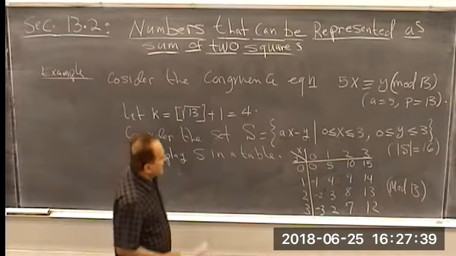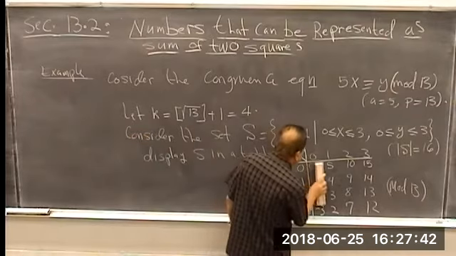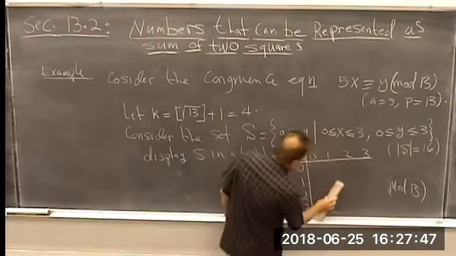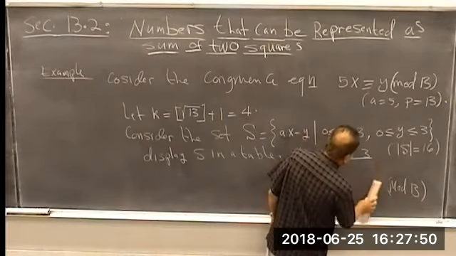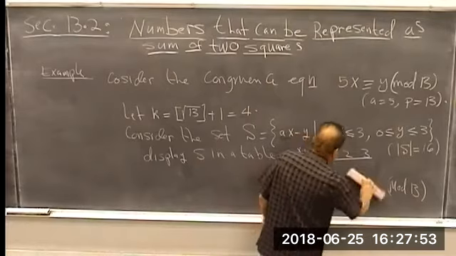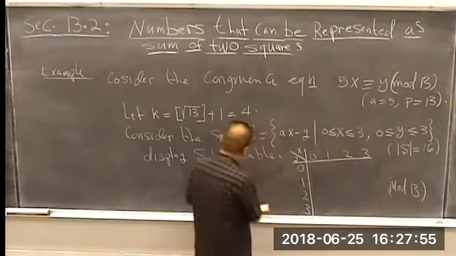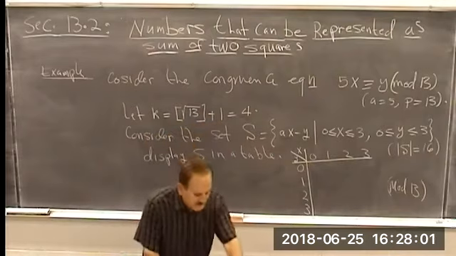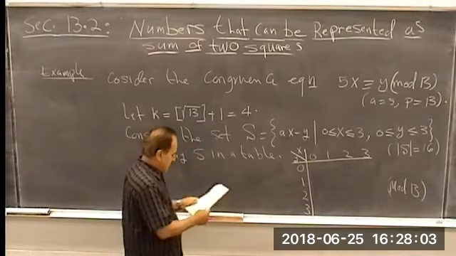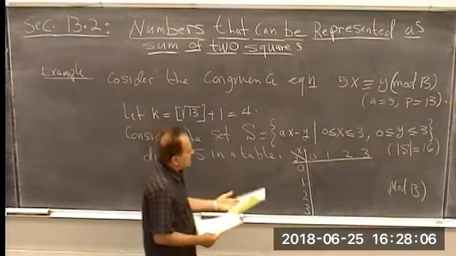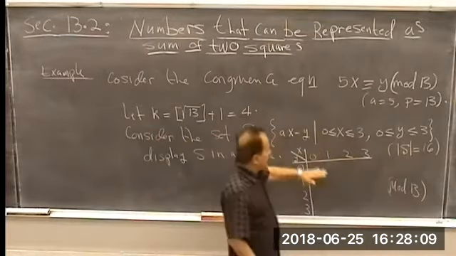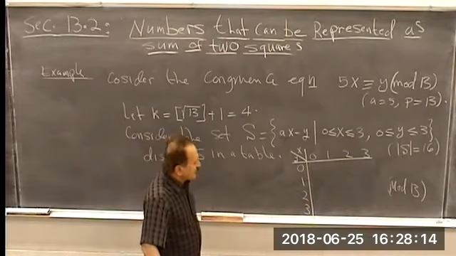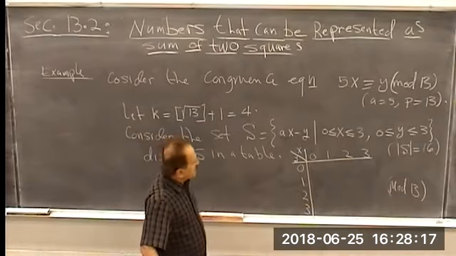In other words, there will be some values of x and y where we have the same ax minus y, giving us the same value mod 13. The reason for this is that there are 16 values, and at most we have 13 distinct values. We are using what is called the pigeonhole principle.